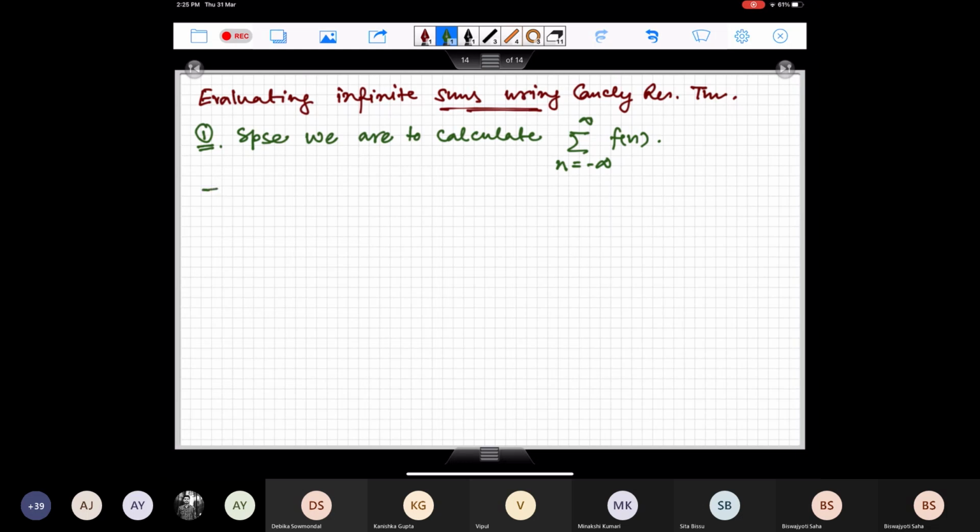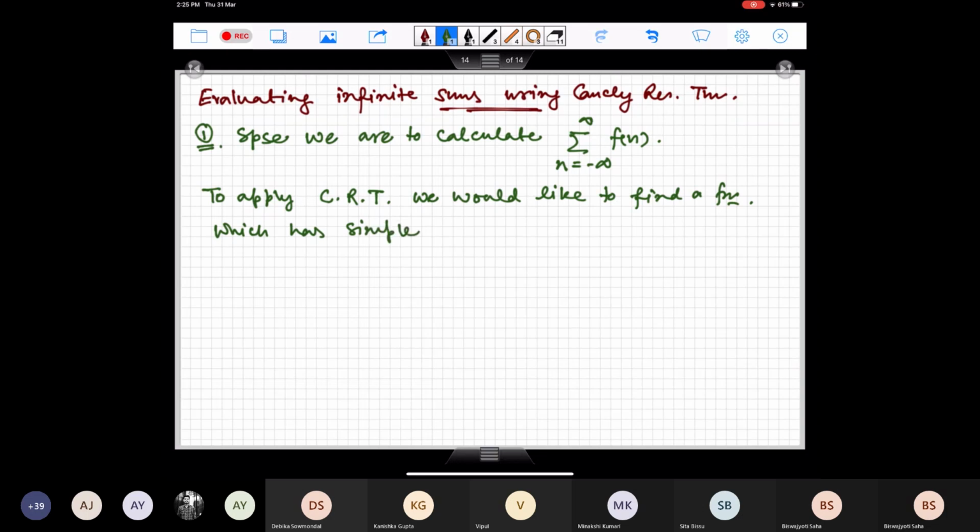So to apply the Cauchy residue theorem, we would like to find a function which has simple poles, let's say, at all the integers, and suppose n has residue f of n at n.